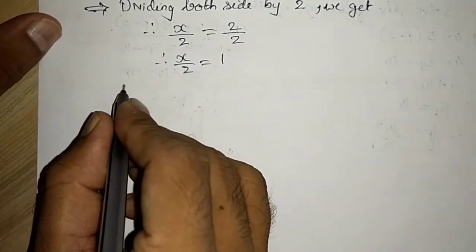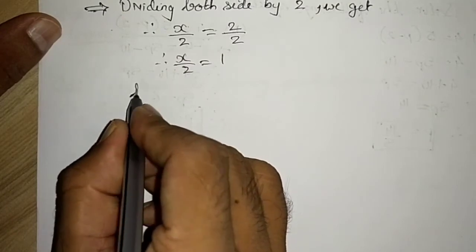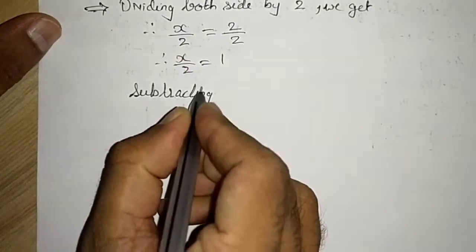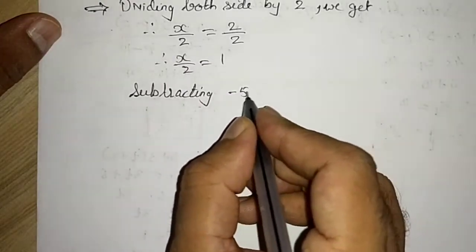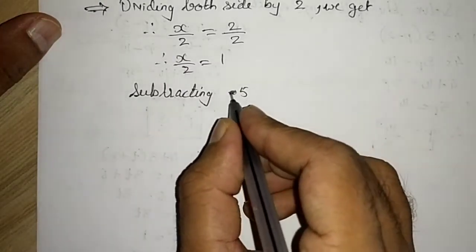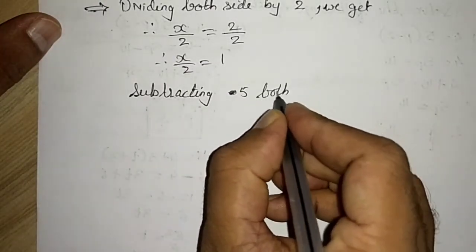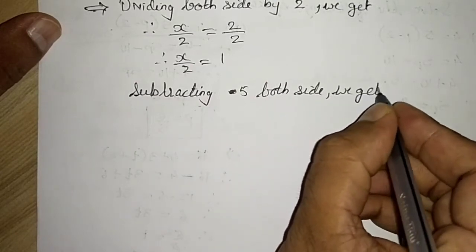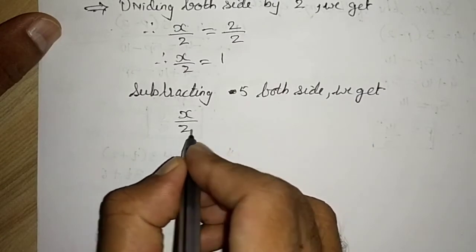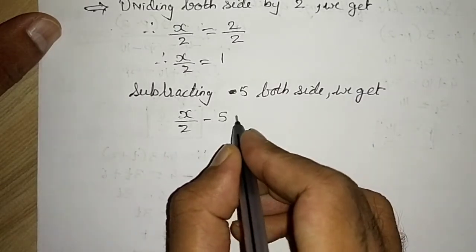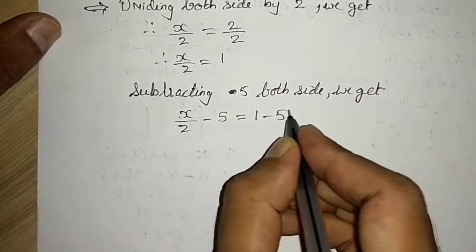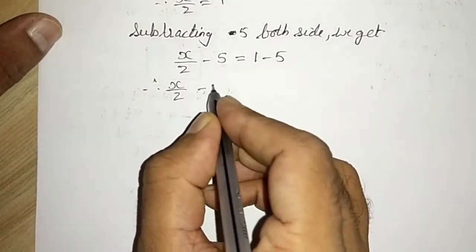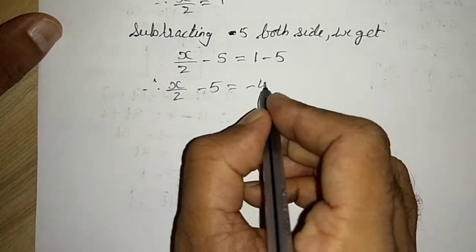Now let us subtract this time. Subtracting 5 both sides, we get x divided by 2 minus 5 is equal to 1 minus 5.